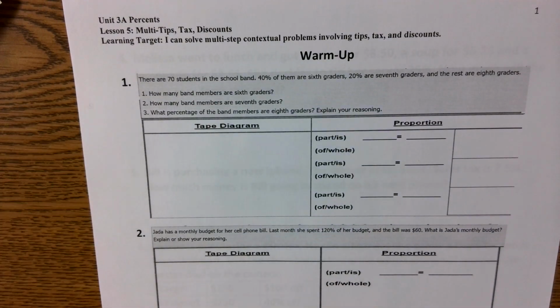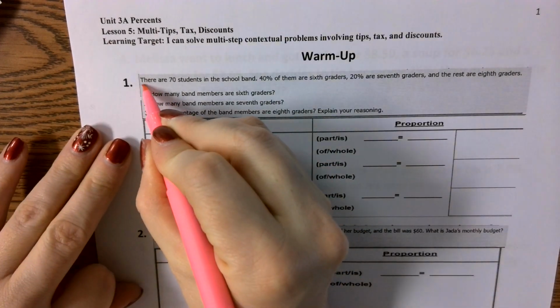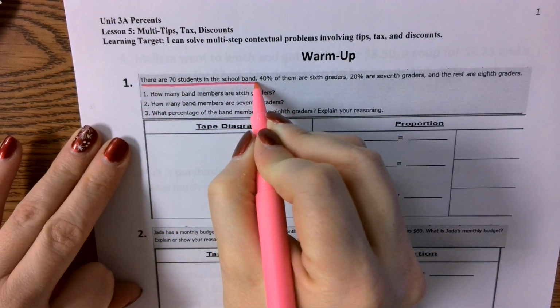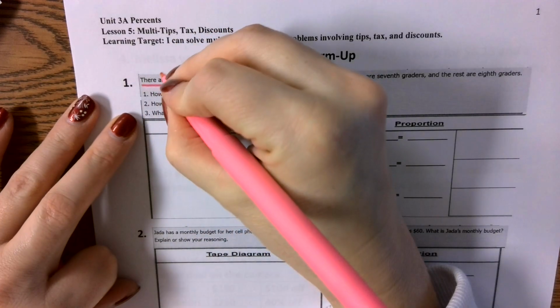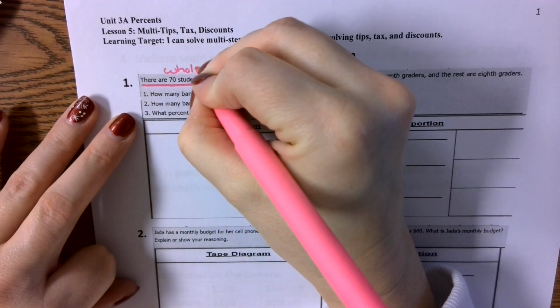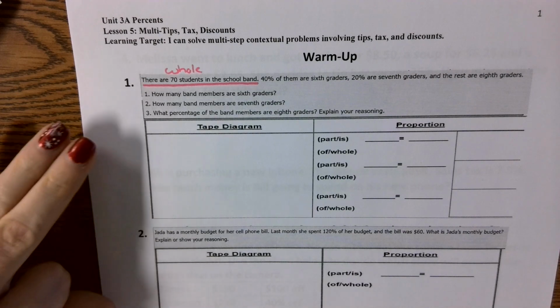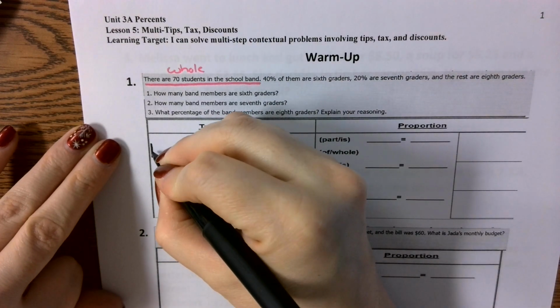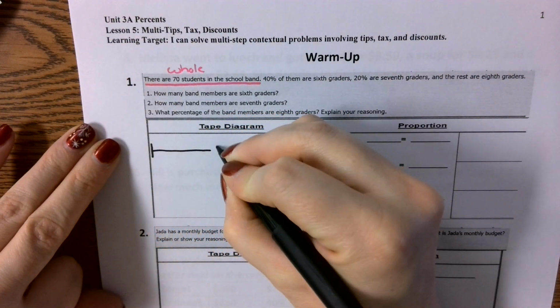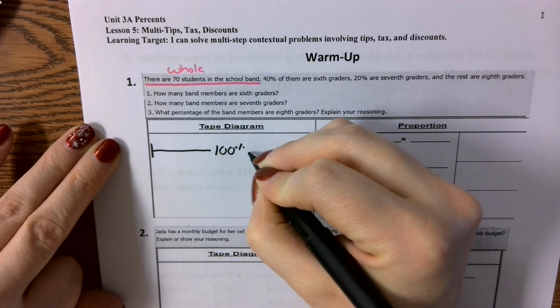So first thing I want to make note of is that the entire band has 70 students in it. This is considered to be the whole. Okay, if we were to create a tape diagram, one whole is considered to be 100% of your data.